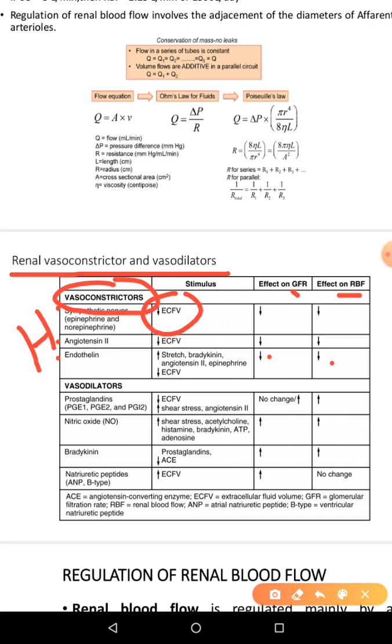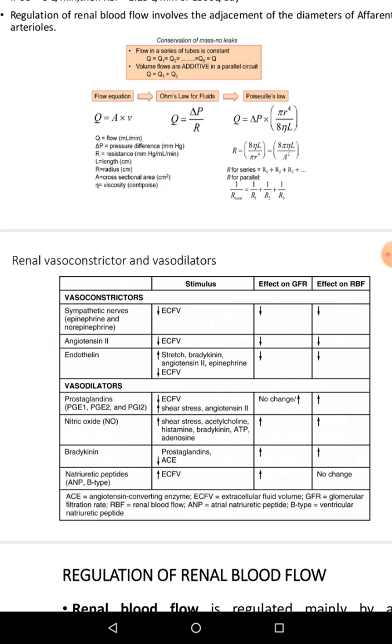And then apart from that, there are these other vasodilators. We have the prostaglandins, PGE1, PGE2, PGI2. Okay, these are vasodilators. What can we say about prostaglandins? These are produced locally in the kidneys and they cause vasodilation of both the afferent and the efferent arterioles.